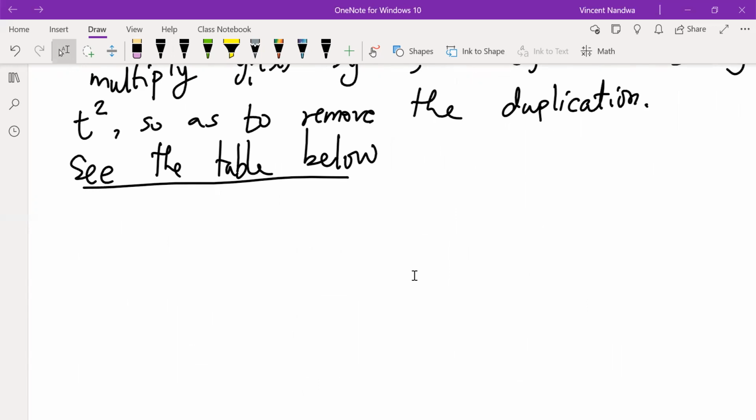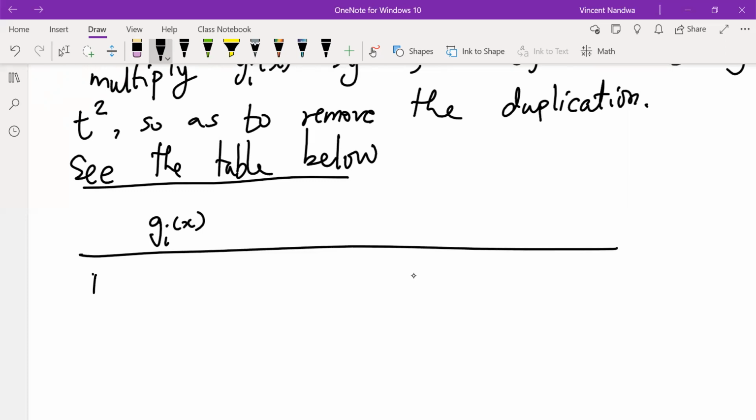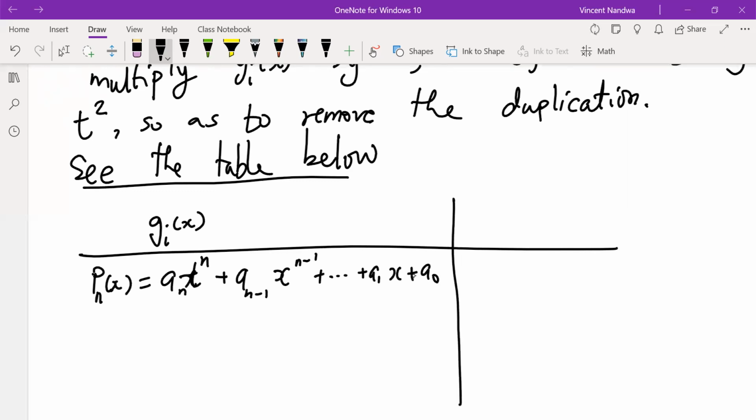Now, if we have gi of x, if this is a polynomial, then if there's any duplication, say x to the power s times a n x power n plus a n minus 1 x power n minus 1 plus a1 x plus a naught.